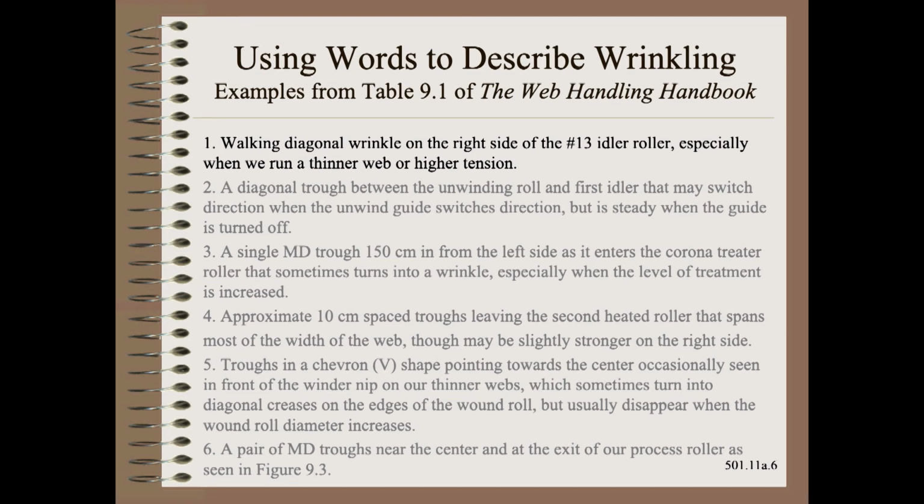As we began this clip, we noted that while pictures might be worth 1,000 words, pictures are not a very compact way to communicate. Thus, we teach, by example, how to describe wrinkling quite precisely using only words. I will just read one example from our Web Handling Handbook.